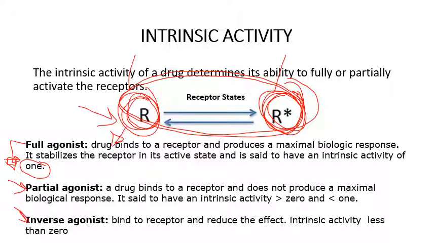So when there is an inverse agonist that can bind to the receptor, this will shift the equilibrium in this direction. So this will decrease the number of activated receptors, and therefore the physiological response will be decreased.